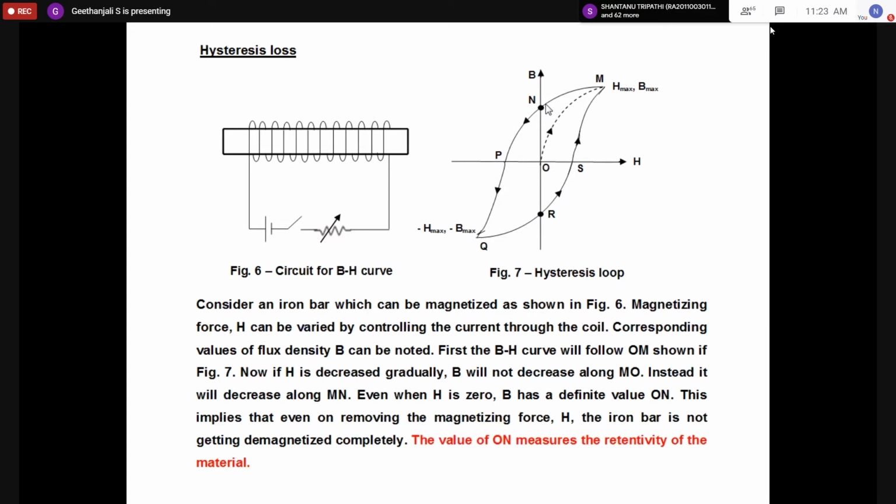This implies that even on removing the magnetizing force H, the iron bar is not getting demagnetized completely. The value of ON measures the retentivity of the material. This is the retentivity of the material.